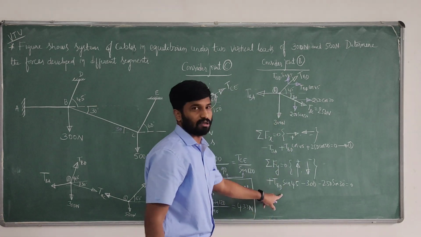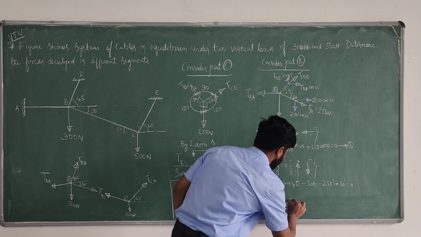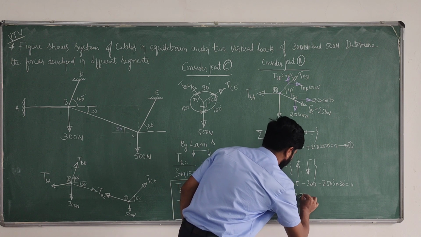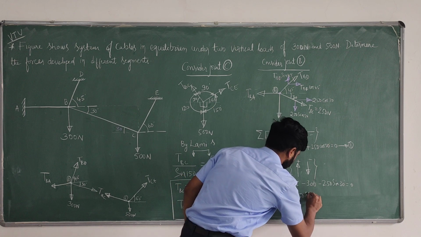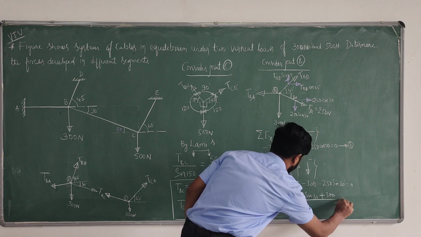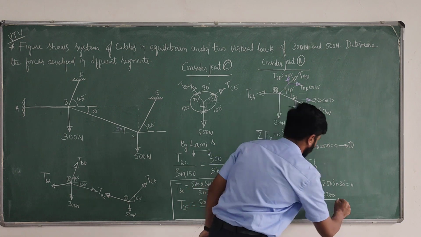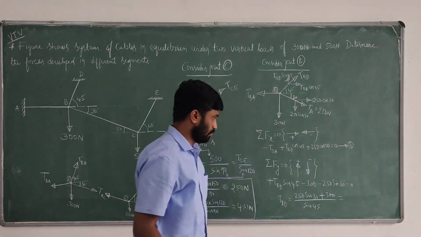So we can easily get the TBD value. How to get the TBD value? TBD equals 250 sin 30, taking that side it becomes positive, plus 300 divided by sin 45.